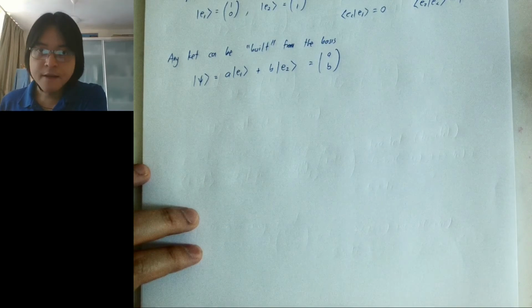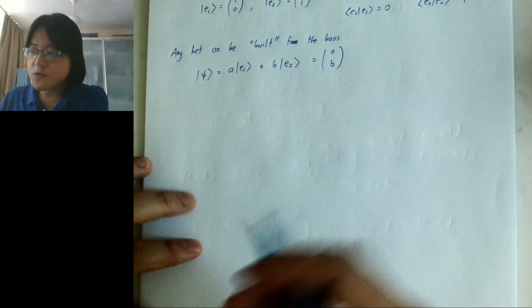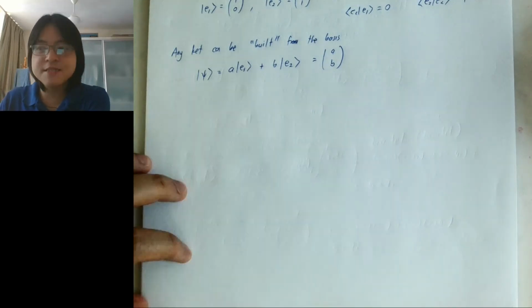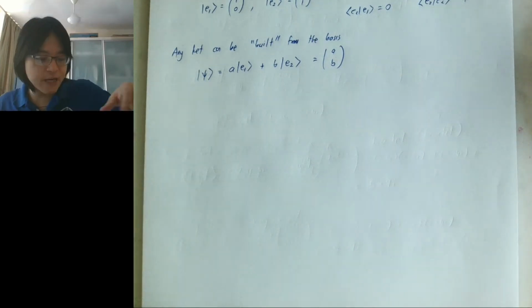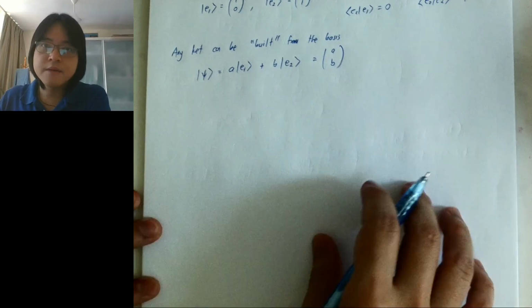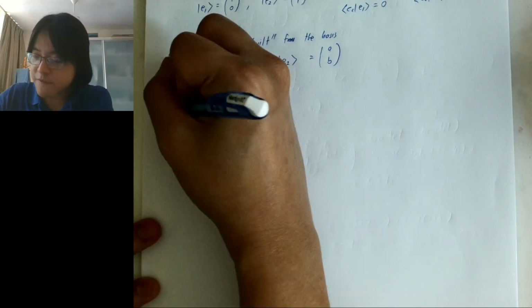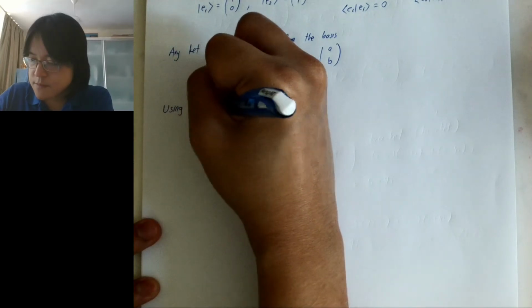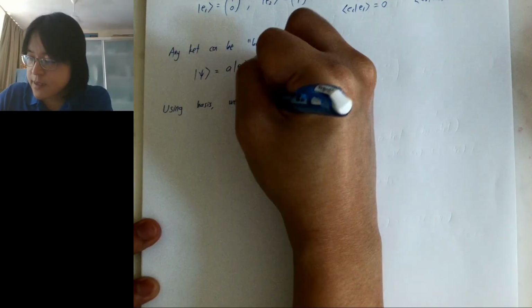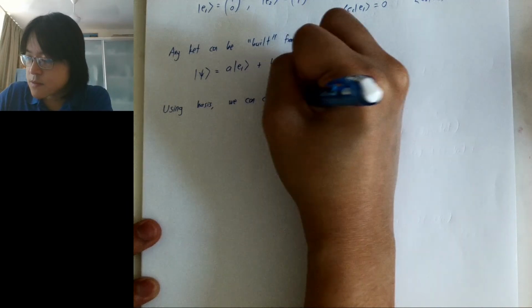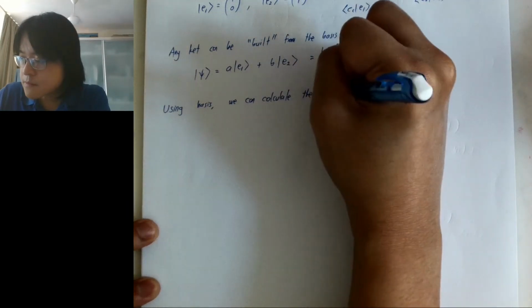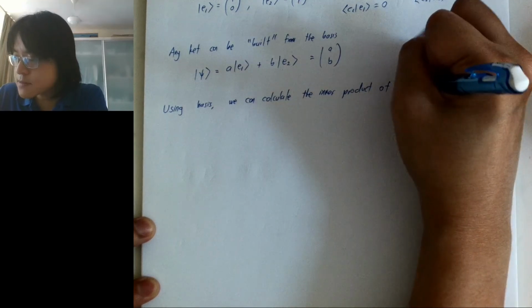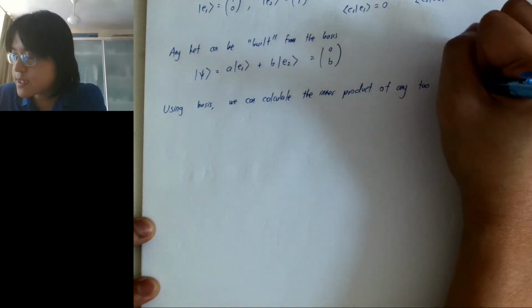Now let us do a bit of a more heavy calculation. I will show you every step, since this is the first time we are doing this, but you will do this type of calculation quite often. Using this basis, we can calculate the inner product of any two kets or any two states.